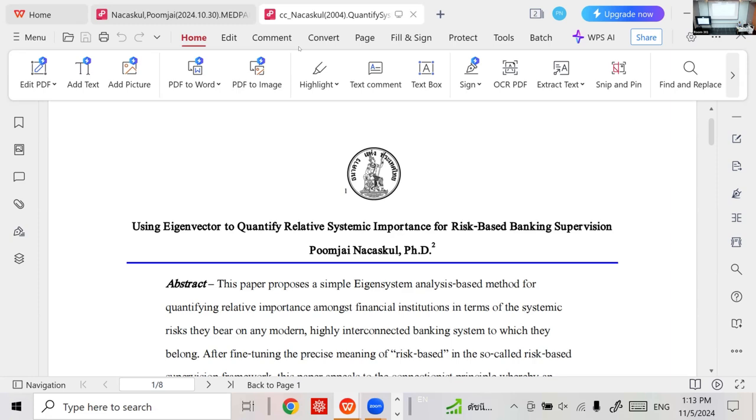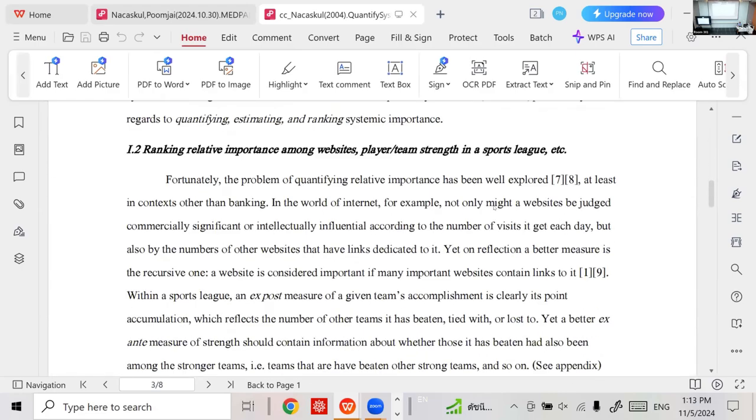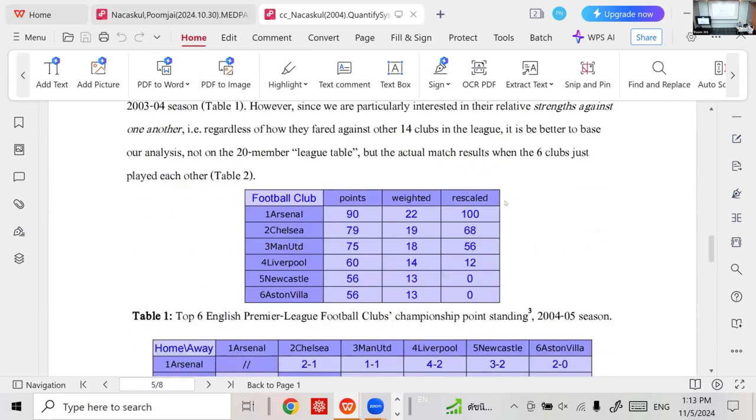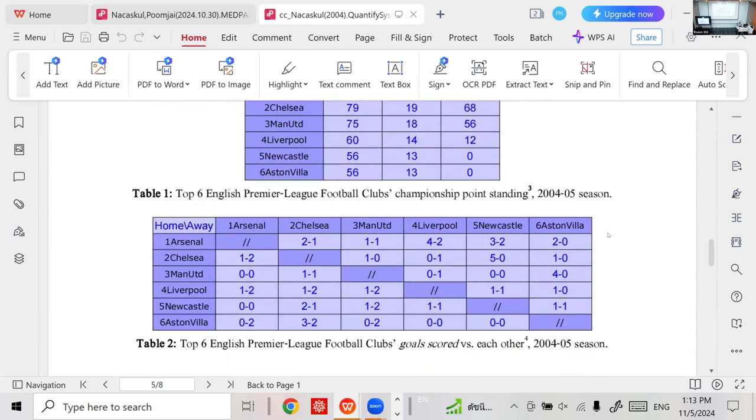Now, I want to show you this because it's kind of funny. I'll come back to this later. But the way I want to analyze relationships between banks, I cite an example of what's called, you guys watch football, right?